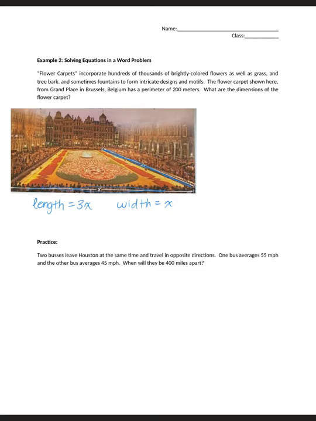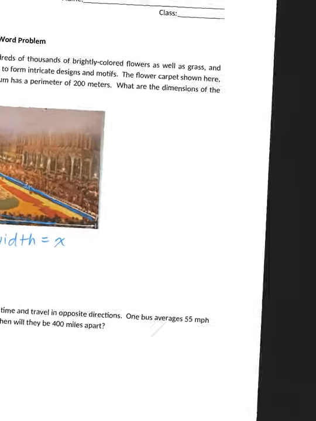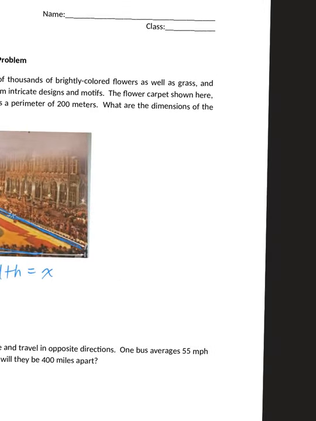So if you remember back in, I don't know when you would learn this, but probably elementary school somewhere, that perimeter, especially of a rectangle, is 2 times the length plus 2 times your width.